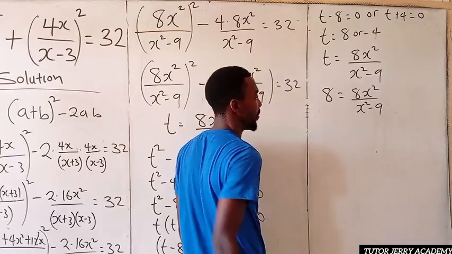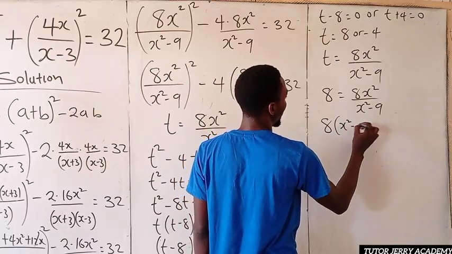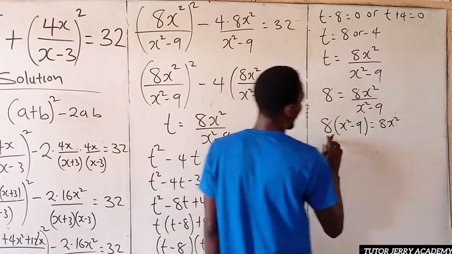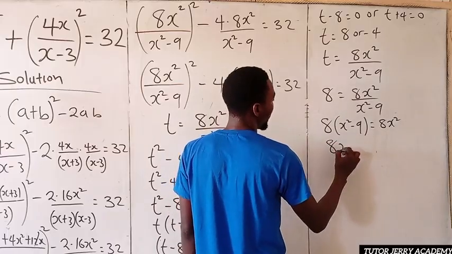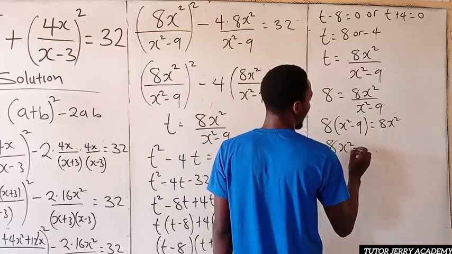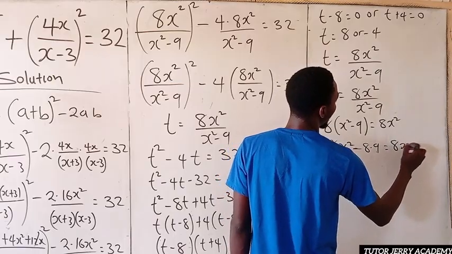If we cross multiply, I'm going to have 8 into s squared minus 9 equals 8s squared. If you clear the bracket, I'm going to have 8s squared minus 8 multiplied by 9 equals 8s squared.